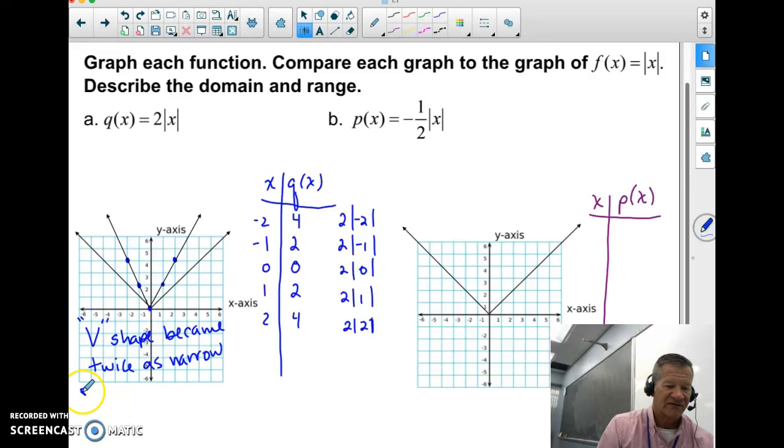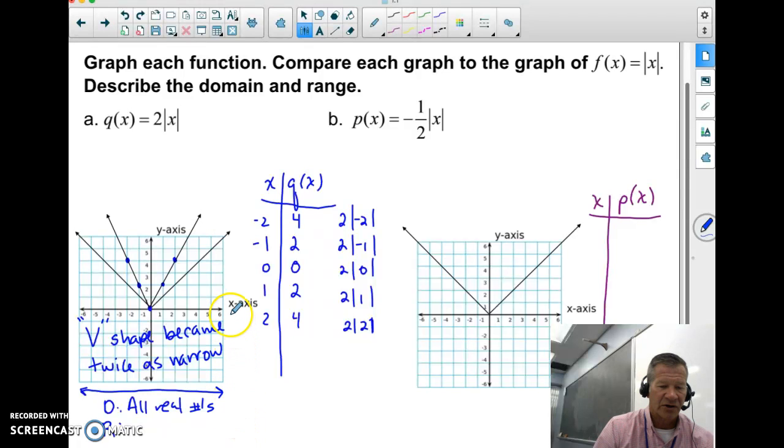It goes left forever, it goes right forever. So our domain is all real numbers again. But our range, again, we don't hit any points at all up until we get to 0. And then the graph goes up and up and up forever. So the values for y are all the values that are greater than or equal to 0.